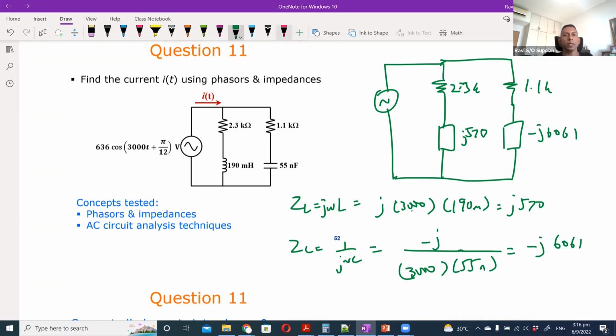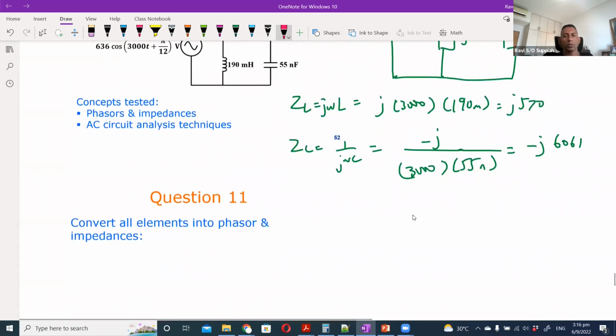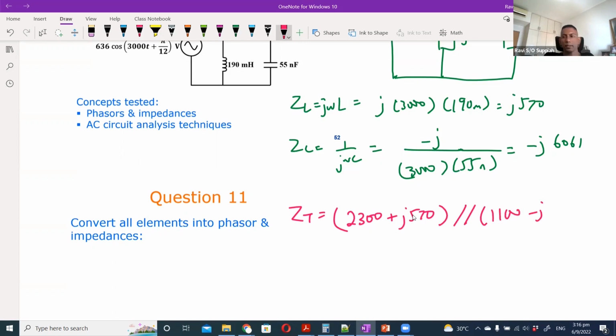Okay, so to find the total current I, it is V over Z. So I need to find the total impedance. The total impedance would be the parallel of the two branches. The first branch would be 2.3K, which is 2,300 plus J570, parallel with the second branch, which is 1.1K minus J6061.